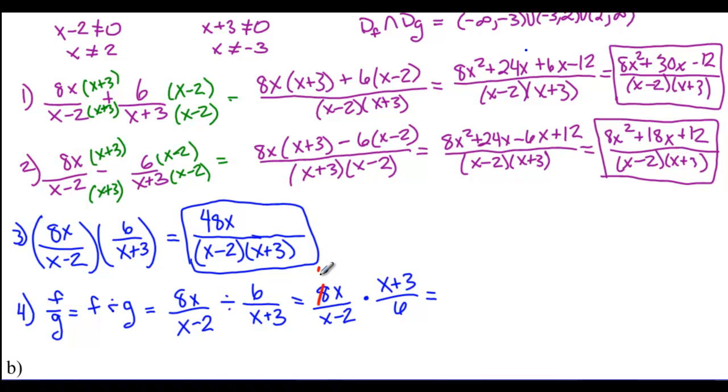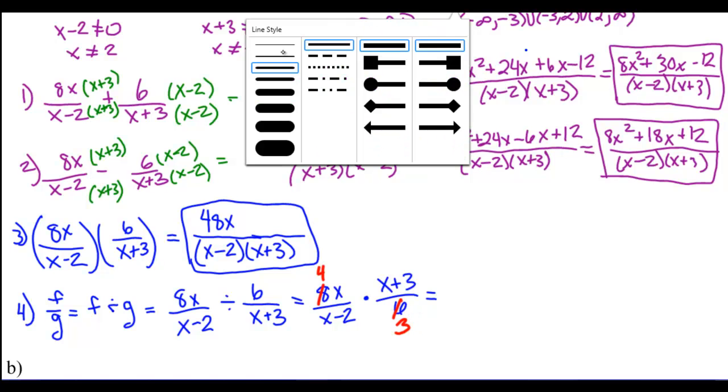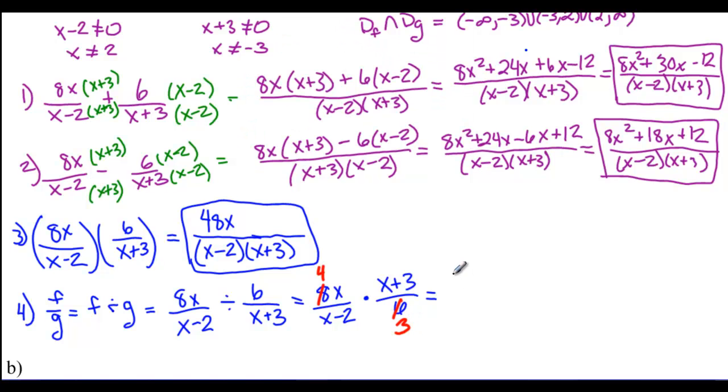So that 8 will become a 4. That 6 will become a 3. And so we're going to end up with 4x times x plus 3 over 3 times x minus 2. So this is going to be what the function looks like whenever we divide them. So this combination of functions, that's what it will look like.